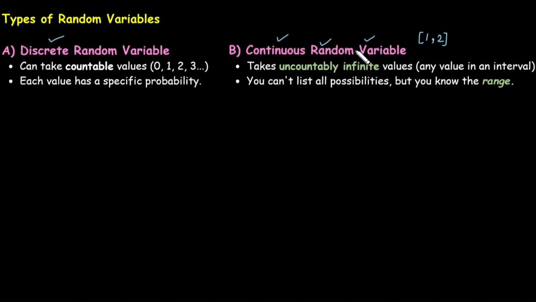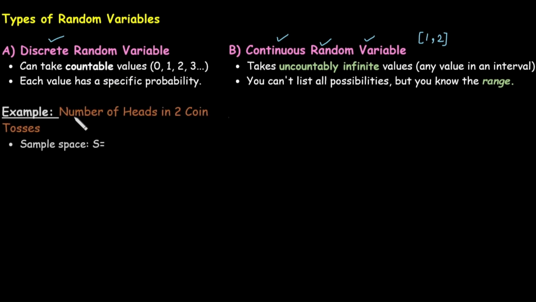So taking an example for the discrete random variable, that is the number of heads in a two coin toss. So अभी अभी हमने ये केस किया है, अगर आप two coins को toss करते हो, what are the possible values in a sample space? That is, both are containing head, or any one of them is containing head, or none of them is containing head.